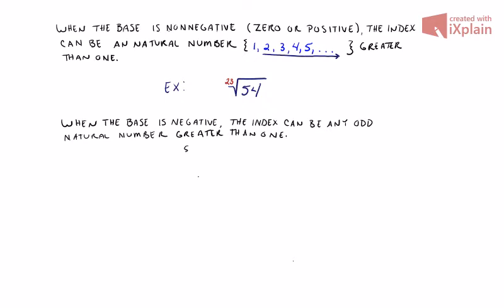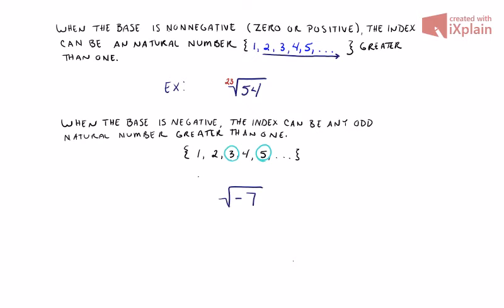So again, if we come back to our natural numbers, but noting this time that I'm going to work with a negative base or radicand when I come to my root, I can only use index values that are odd and bigger than 1.